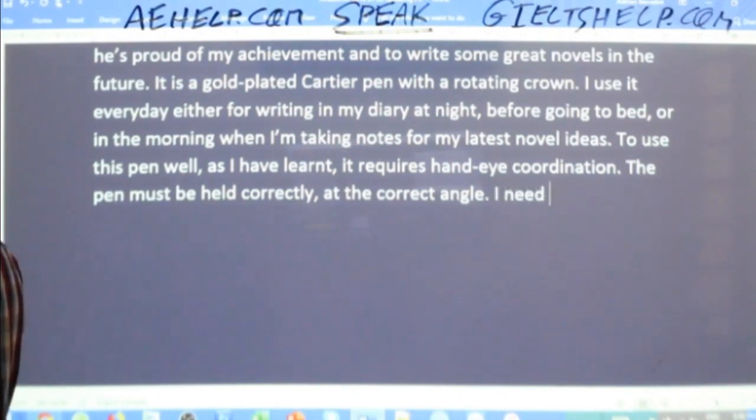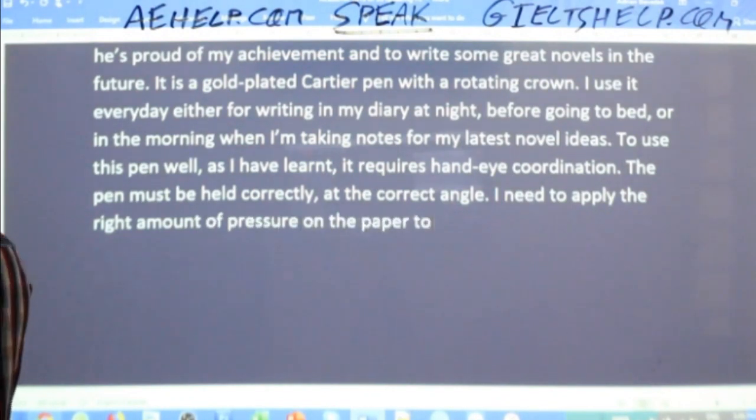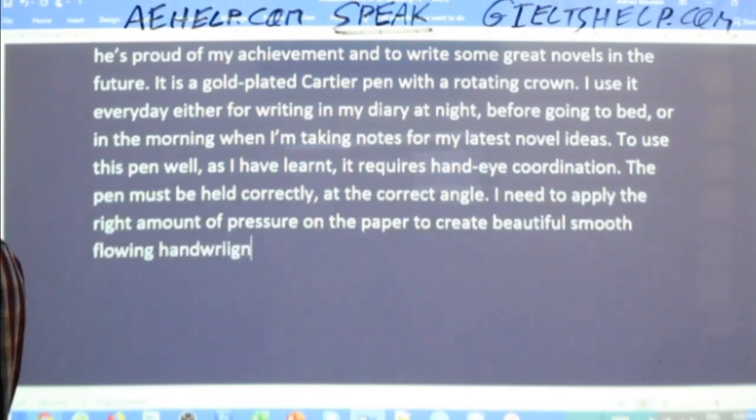I need to apply the right amount of pressure on the paper to create beautiful, smooth, flowing handwriting.